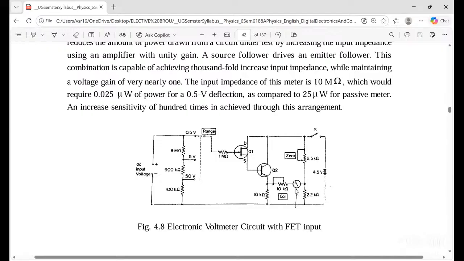There is a current, that means deflection you can easily observe. This is the switch here. At output, this is 4.5 volts, very, very less.